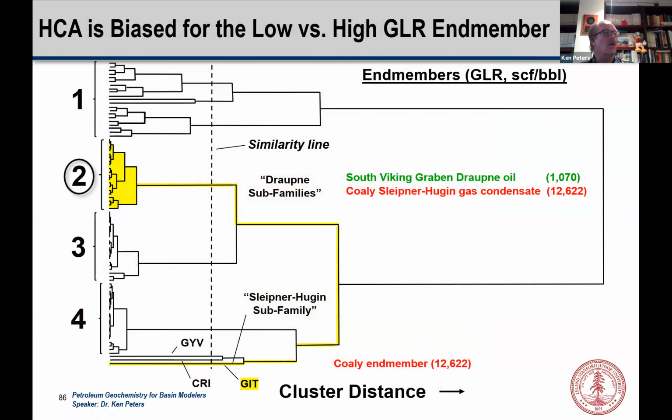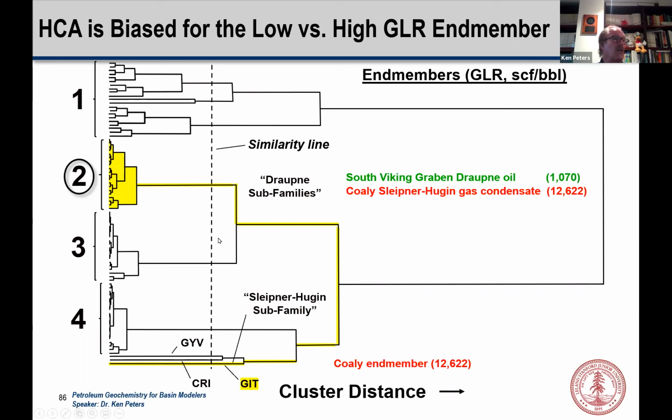So this is hierarchical cluster analysis using those ratios that I showed you in the previous slide. And it's very interesting. You see most of the samples, these mathematically mixed samples, plot together as if they're genetically one family. We're going to call that the Dropney subfamily. I put my similarity line here, and these are the other mixtures that we had in this study. There's some spreading out of them that actually is systematic.